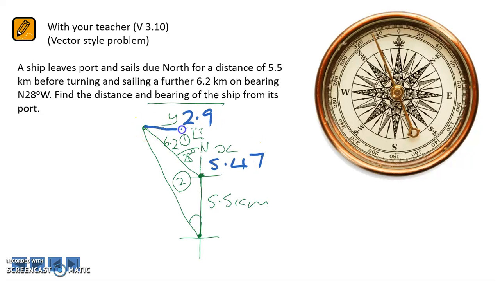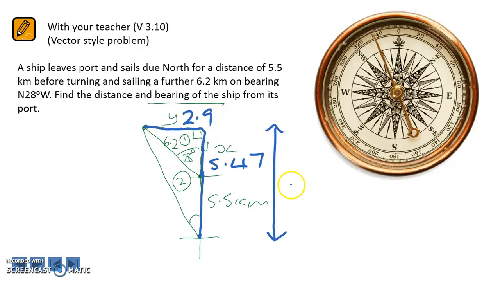So now we've got this distance and this distance. You can see why this is an A-level question, because there's lots of parts to it. So we now need to add the 5.47 to the 5.5 to get the total distance here.